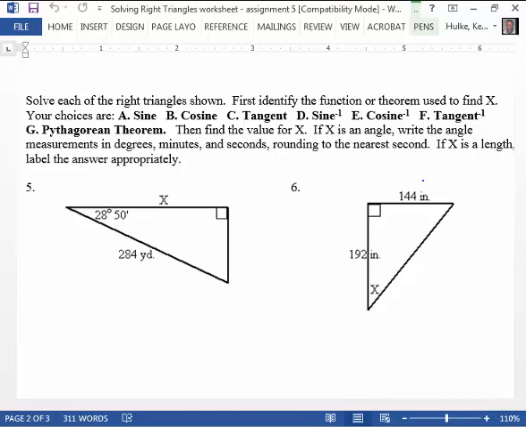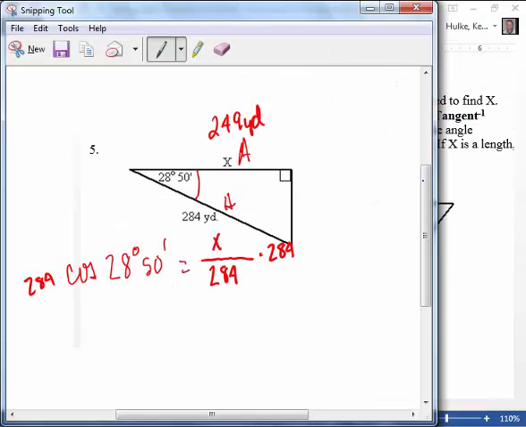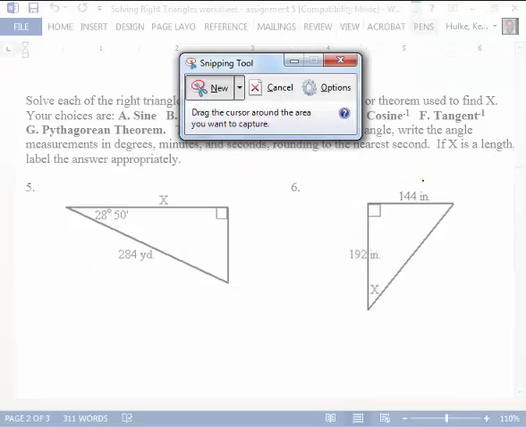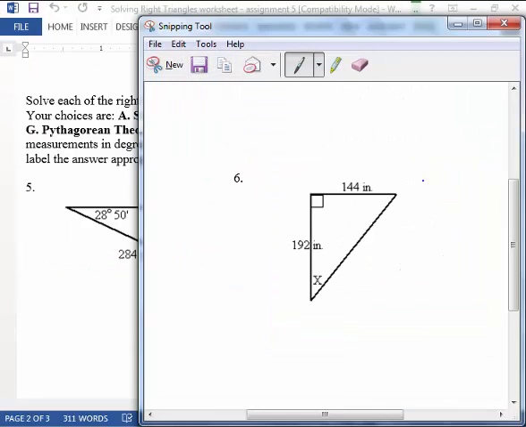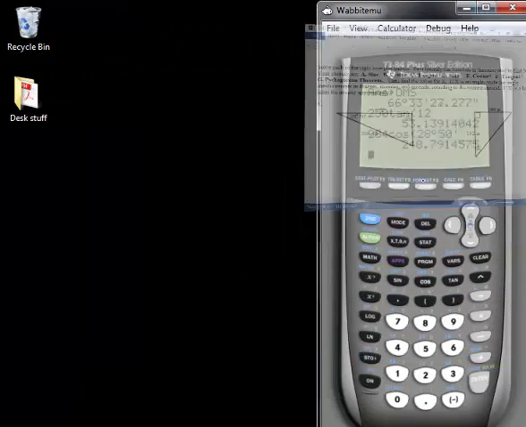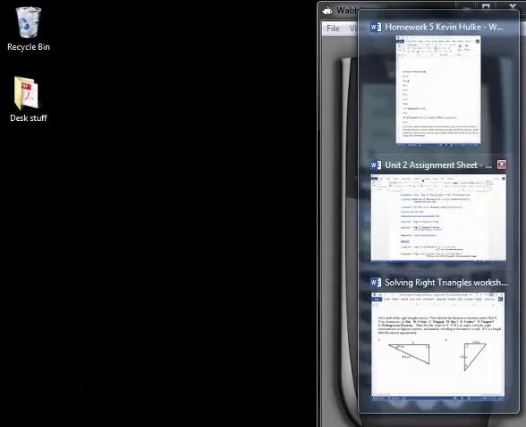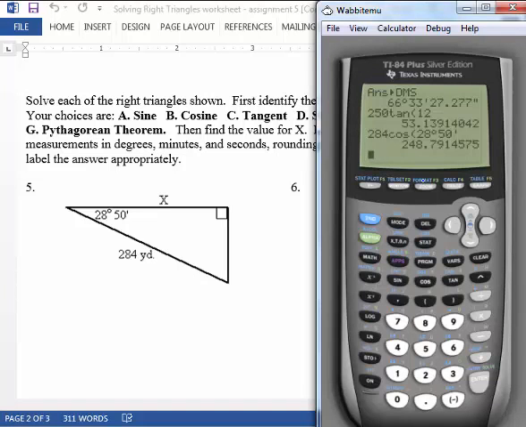Number 6. So we are looking for this angle. That would be the tangent of x, because this is the opposite and this is the adjacent, is 144 over 192. Since we are looking for the angle, we would press second function tangent. Oops, that's not what I wanted to do. I wanted to get the calculator up on top.